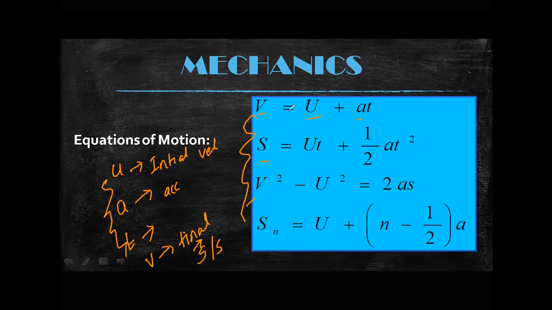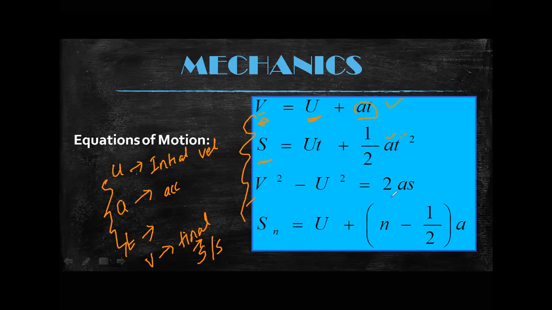If the given problem or situation mentions only initial velocity, final velocity, acceleration and time, you have to use this equation. If they ask you to calculate distance or displacement given the initial velocity, acceleration and time, you have to use this equation.